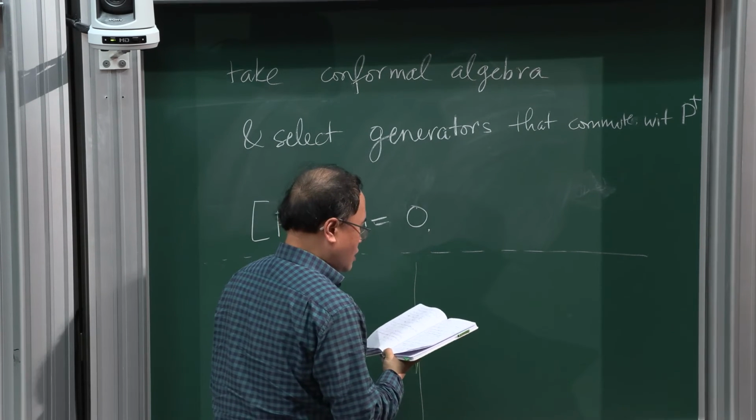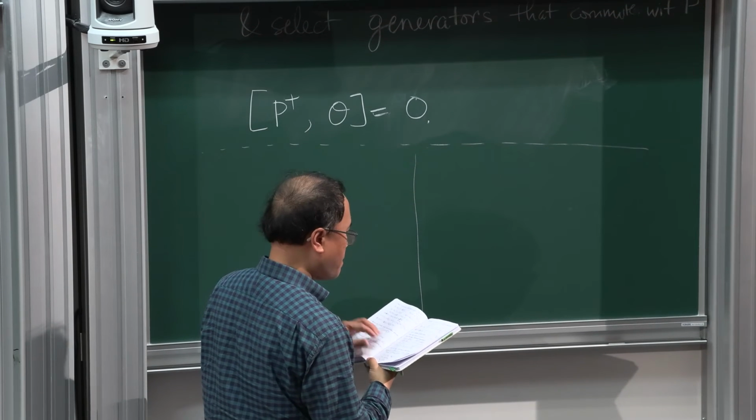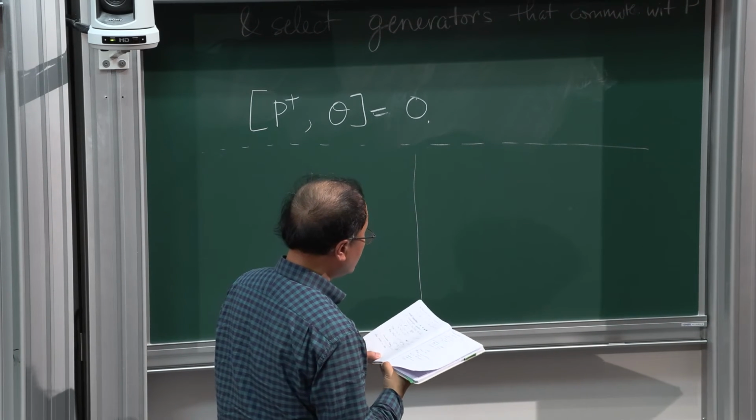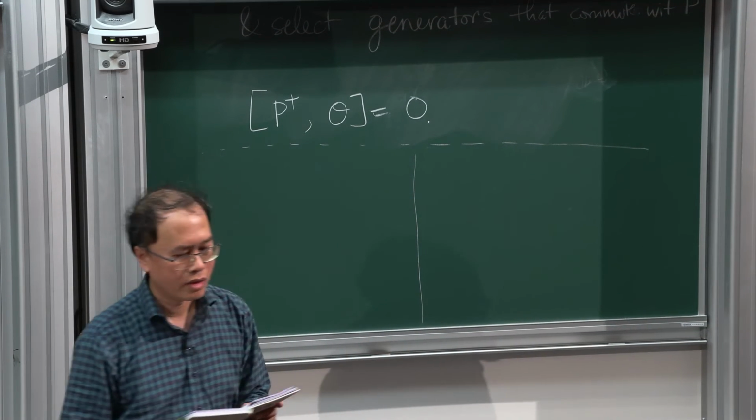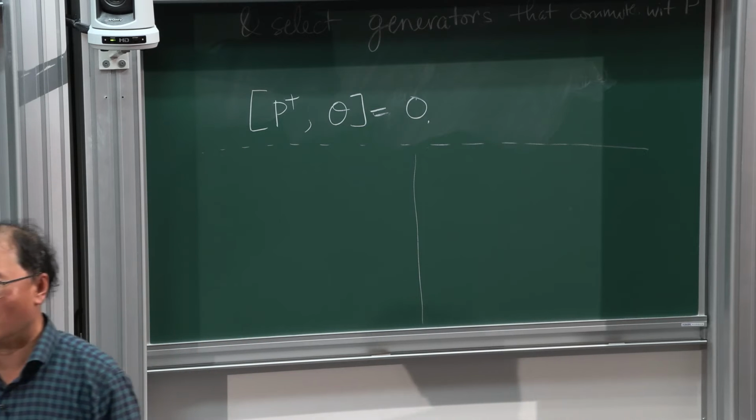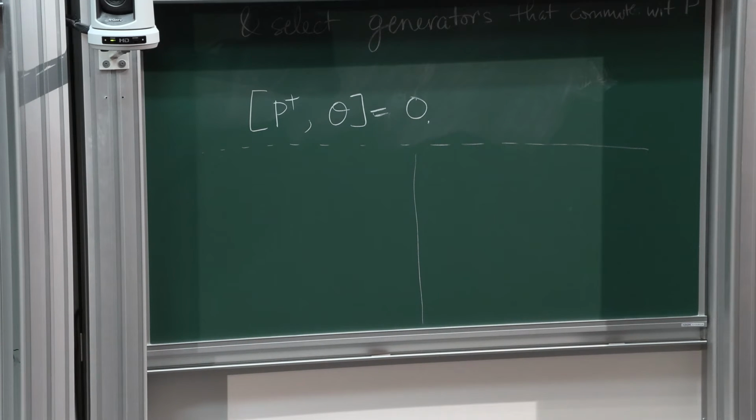Let's see. So I have a question. You're compactifying in the light cone direction. Yeah, in the light cone direction. So you're okay with the polarity being gone. Doesn't it lead to any inconsistency of the theory? I assume it will. Normally it will. Here we are just using that as a formal manipulation to get the algebra.